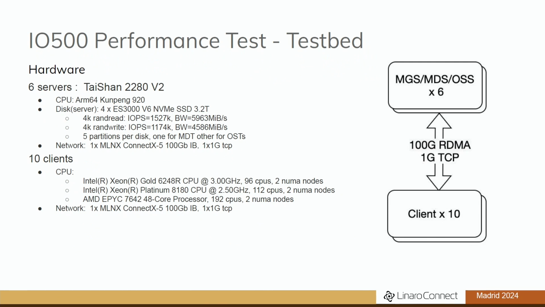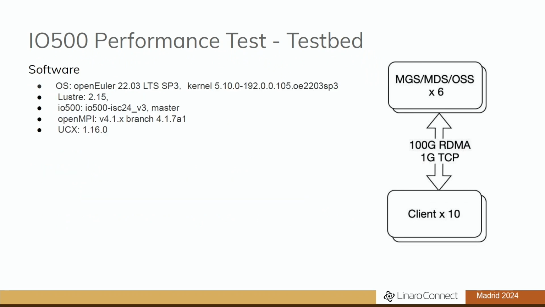And also, we insert very powerful performance NVMe SSD disks in the machines. And these are the software versions we use. We try to use the latest stable software versions. And when we find a problem, we will feed back to the upstream. Maybe we will also try the master branch.